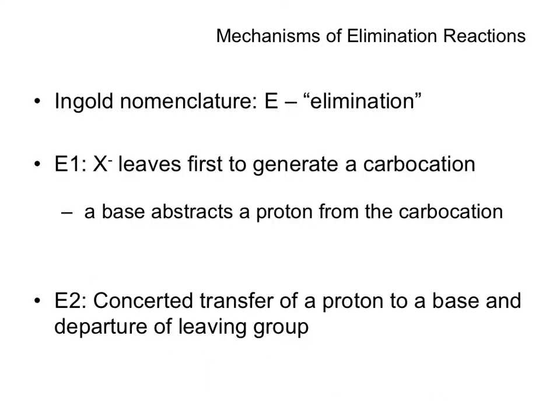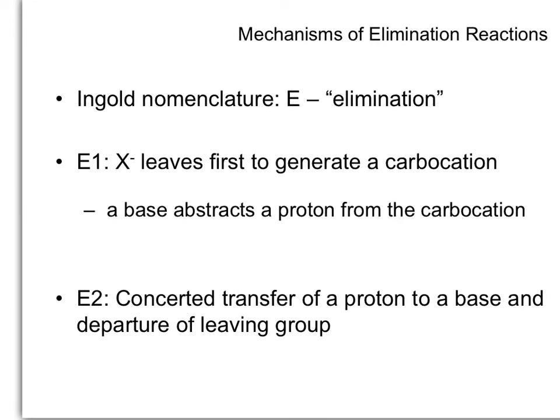Now, E1 derives its name essentially from the same as SN1. So SN1 was nucleophilic substitution, which was unimolecular. E1 is going to be elimination, which is unimolecular. So unimolecular elimination. What else can you think about SN1?